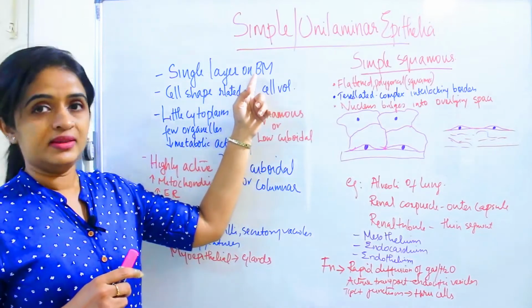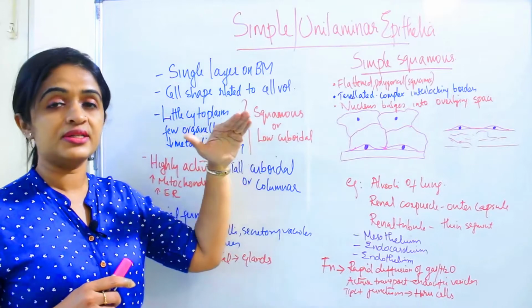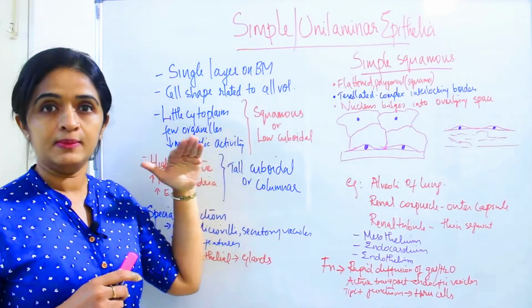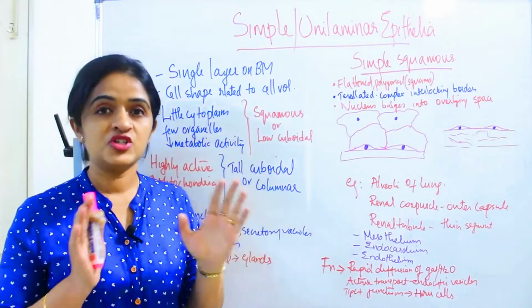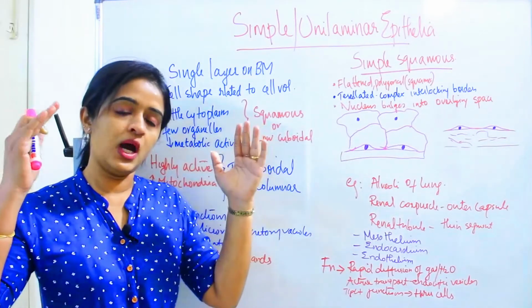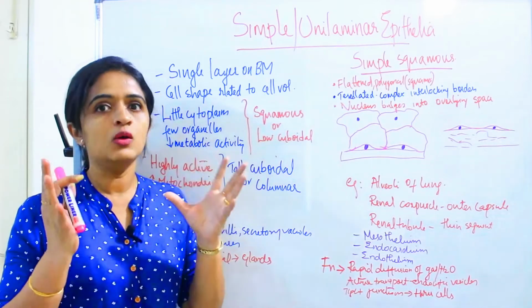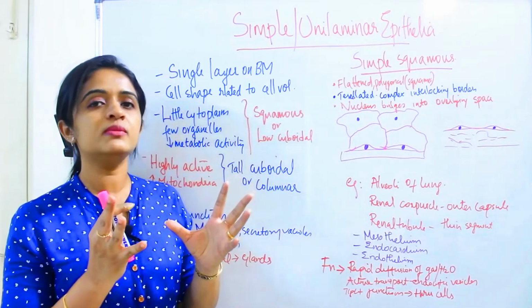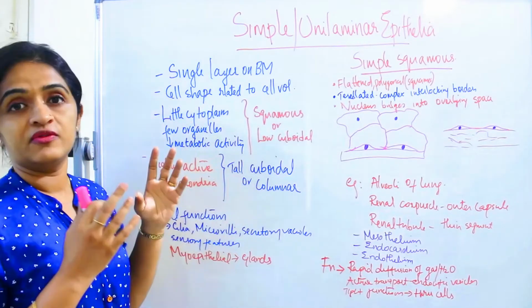So that is the first point. It is a single layer of cells and all the cells rest on the basement membrane. Now the shape of the cell, how big it should be, how small it should be, everything is decided by the cell volume. So cell volume depends upon the function of the cell.